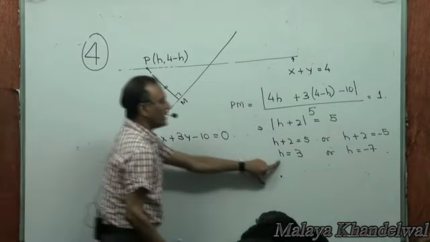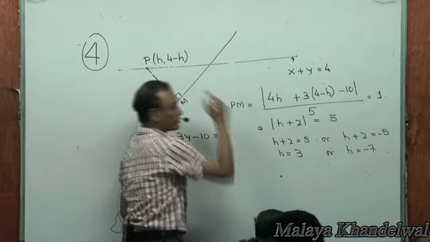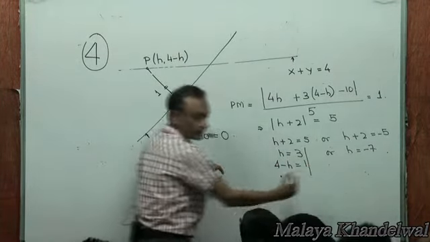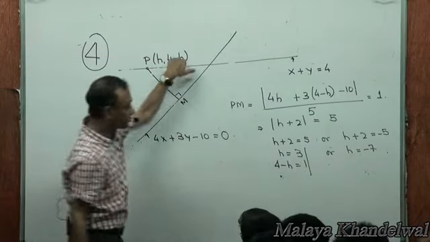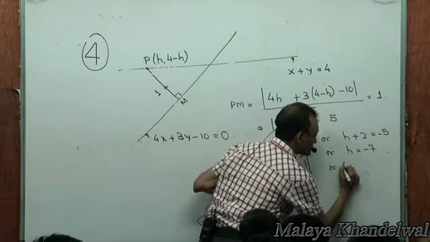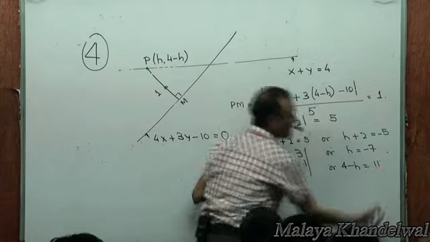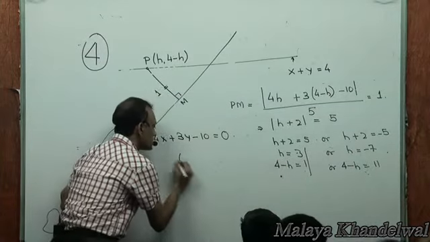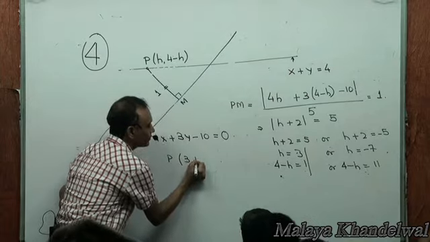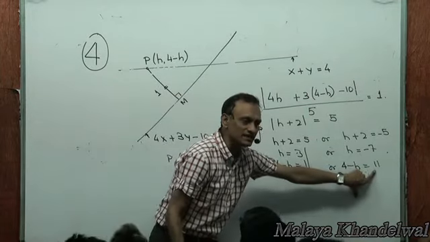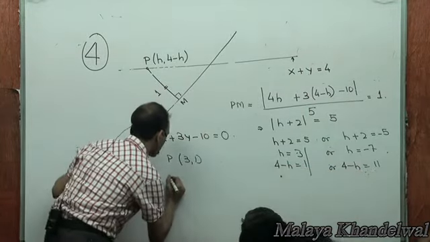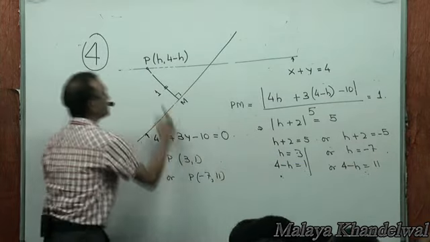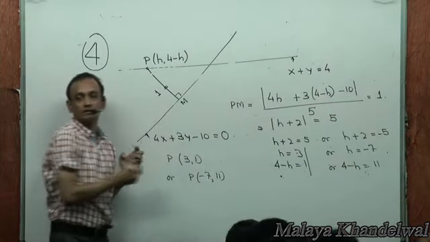Now if h is 3, 4 minus h, the y coordinate of P, would be 1. And if h is minus 7, 4 minus h is going to be 11. That means P could be 3 comma 1, or P could be minus 7 comma 11. These are the two possible points at a unit distance from this line. Yes or no?